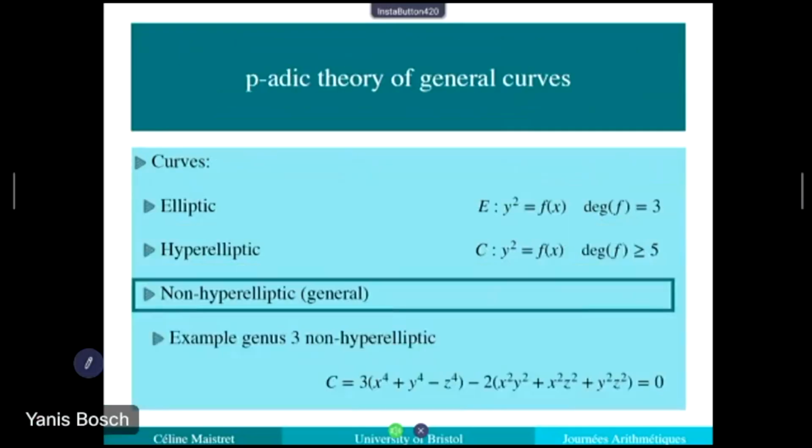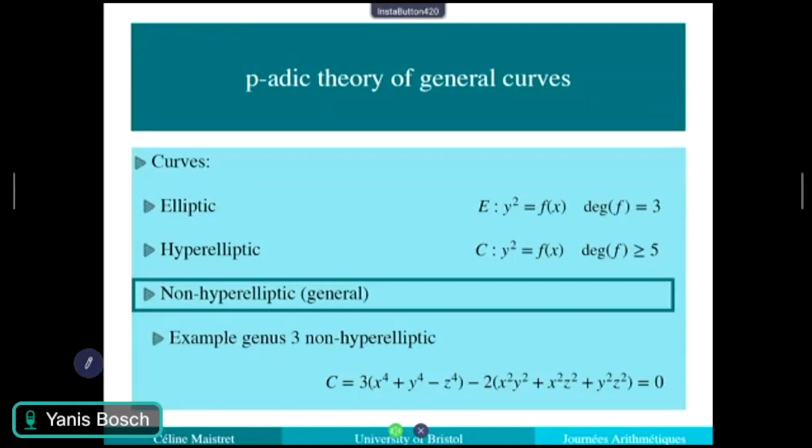Okay, so this is pretty much all the applications that I meant to present for hyperelliptic curves. And now we need to step into the general case. So let me remind you that we went from something quite nice to something quite complex. That's a genus 3 non-hyperelliptic.